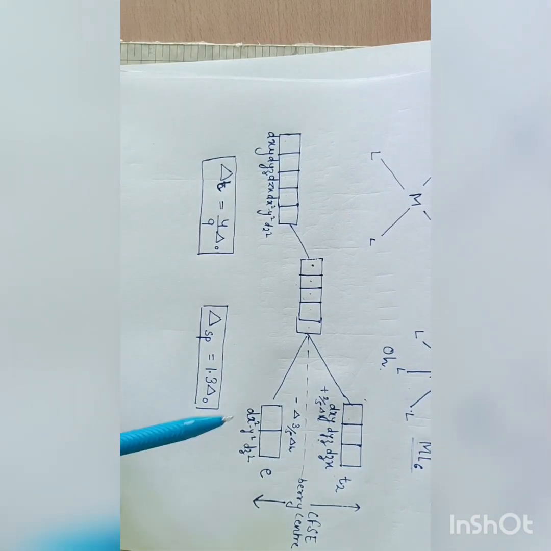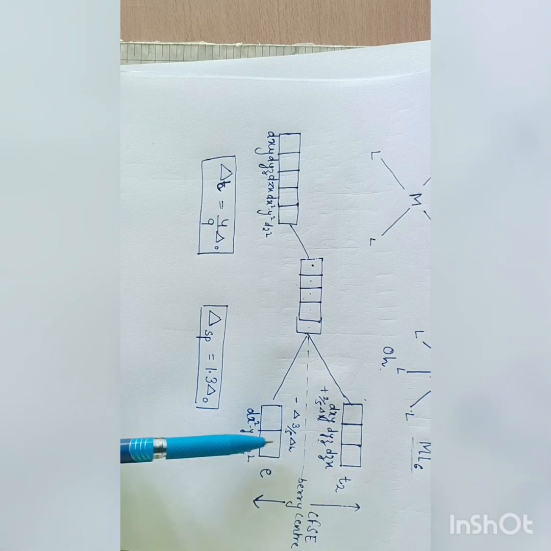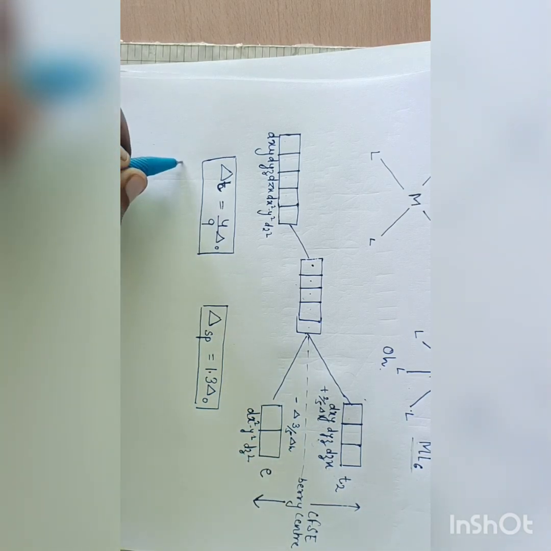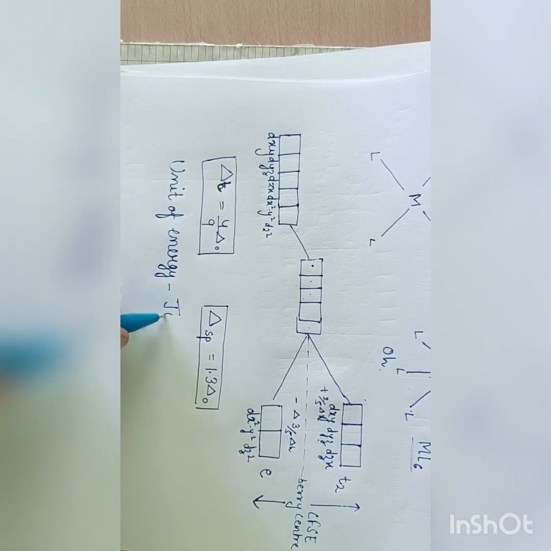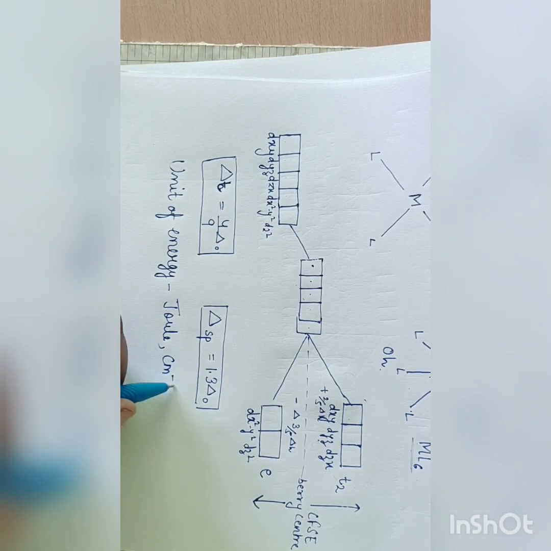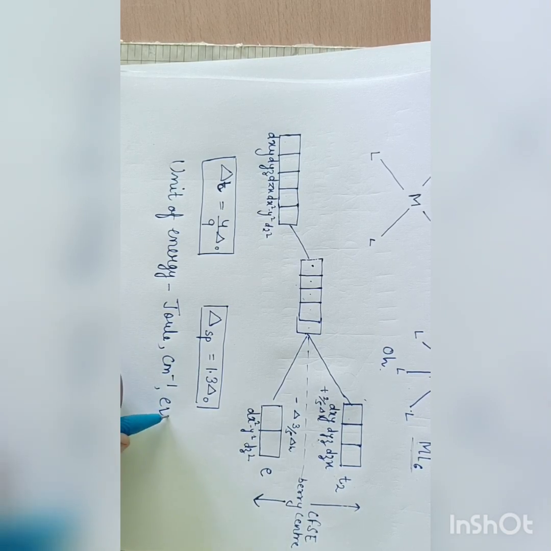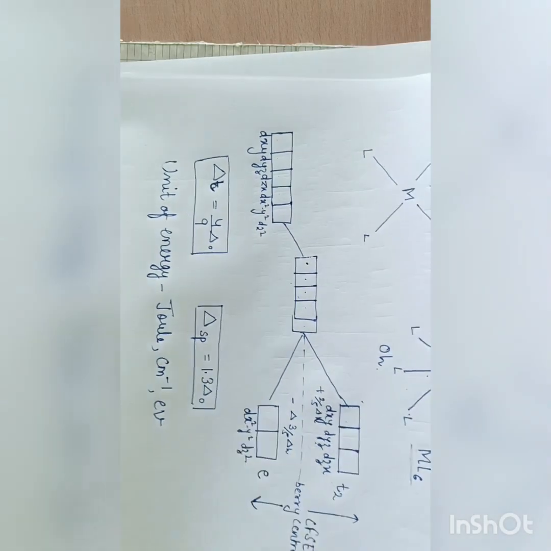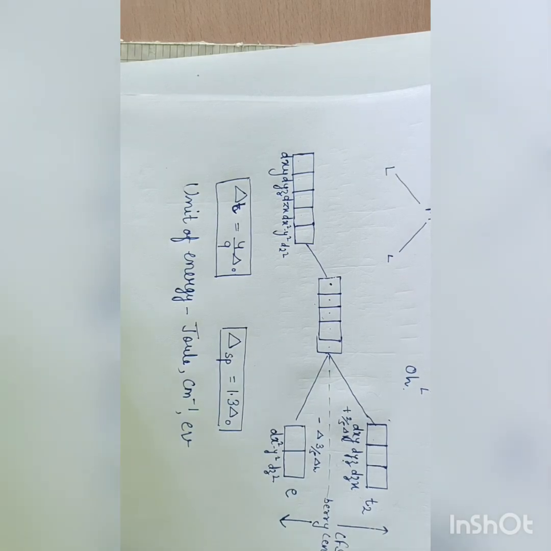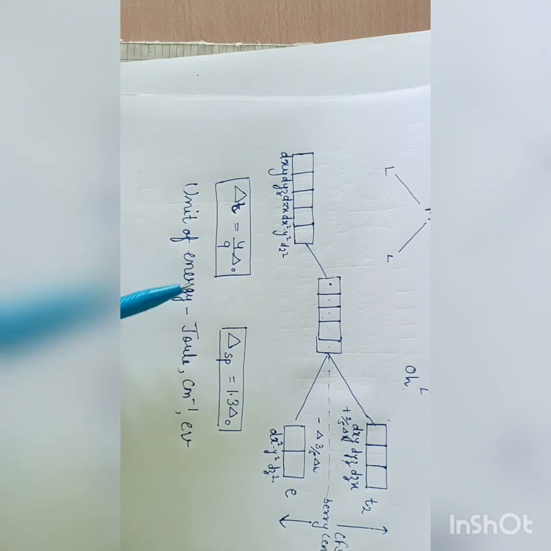If we see the unit of energy here, this can be joule, the standard unit, or it can be in centimeter inverse or in electron volt. So here we have seen the crystal field theory for octahedral and tetrahedral complexes.